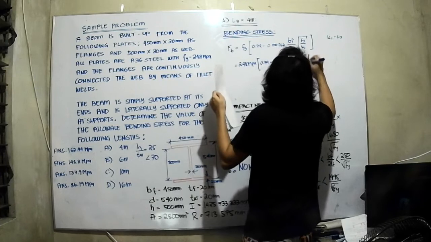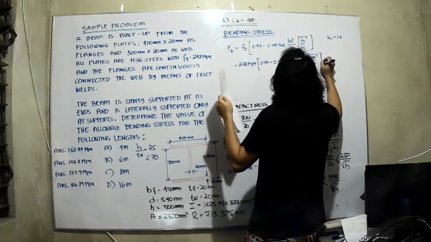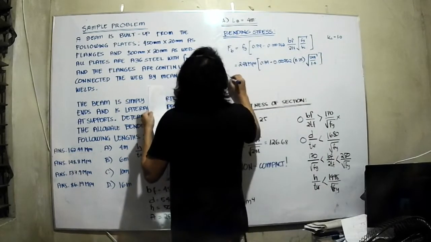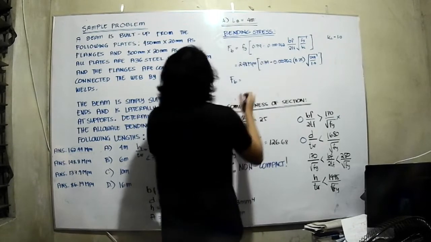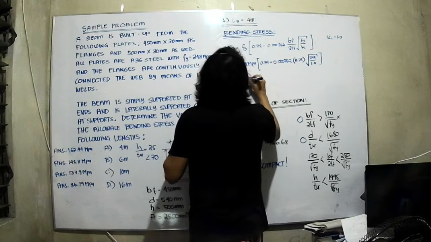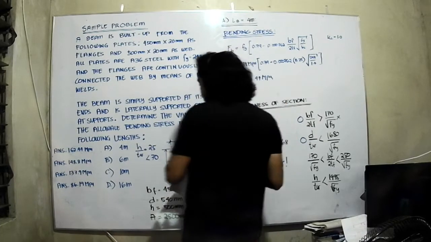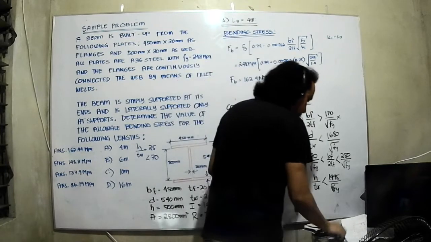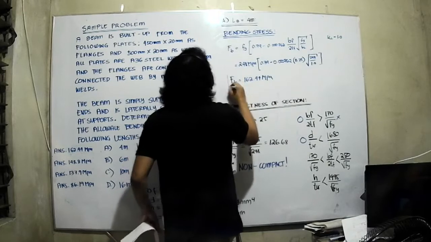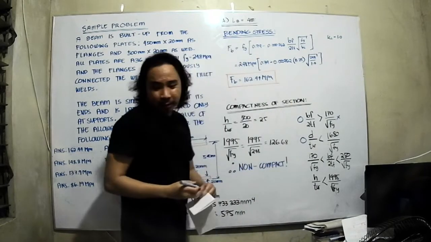Multiply na rin ako si Fy which is equal to 248 divided by 1.0. So, that should be equal to 162.44 megapascals. Okay? So, this solves our first problem. It's bending stress niya.